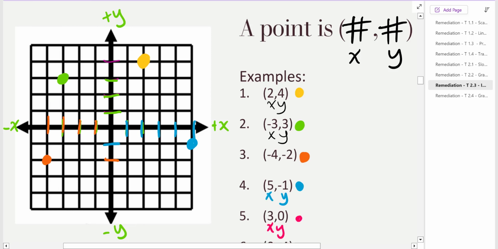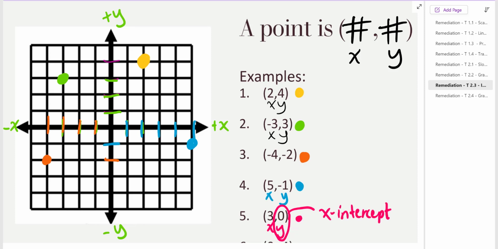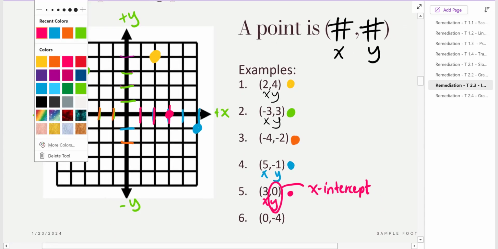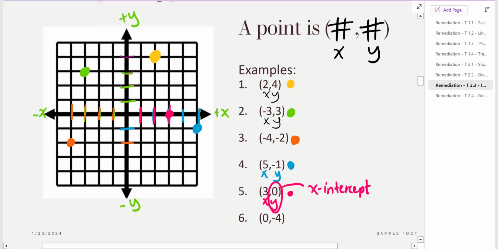Okay, the next one, notice how there's a 0. So remember, if y is 0, that means that this is an x-intercept. So that would be 1, 2, 3, and the point is right there. And then the last point is x is 0.